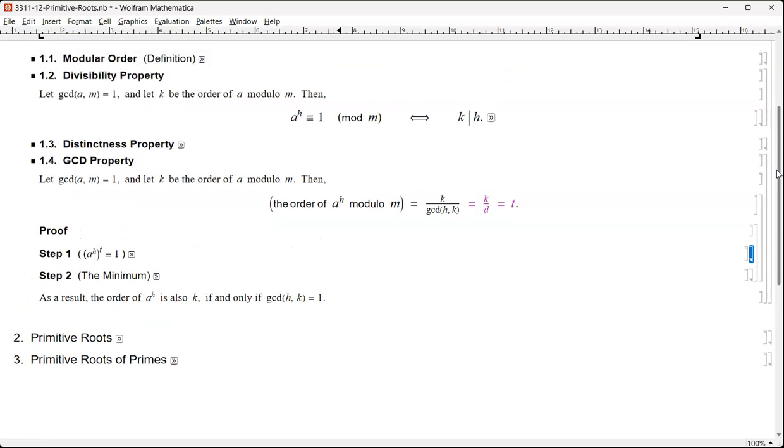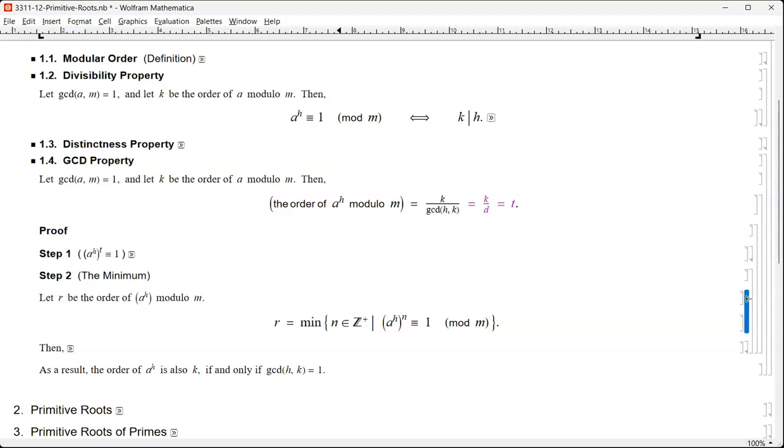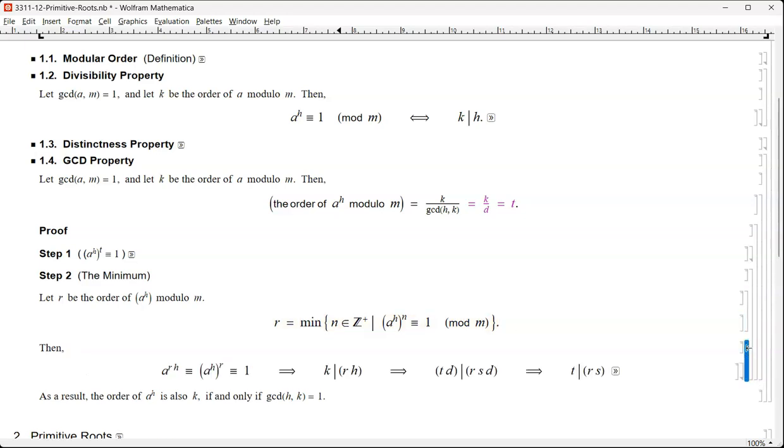Alright, next, we have to prove that this is the minimum. To prove that, let R be the minimum. And then we're going to make this observation. A to the RH power turns out to be A to the H to the R power, just the exponent rule. So that's 1.